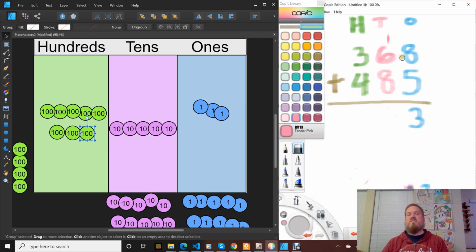So, because this is 1 ten plus 6 tens plus 8 tens. 1 ten plus 6 tens is 7 tens. 7 tens plus 8 tens is 15 tens because we're in the ten column. 5 tens and 100 is the same as 15 tens.